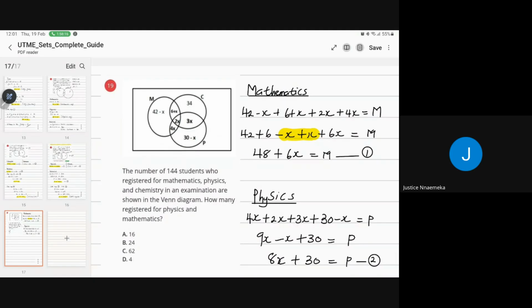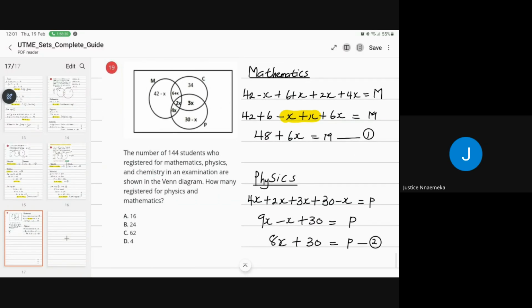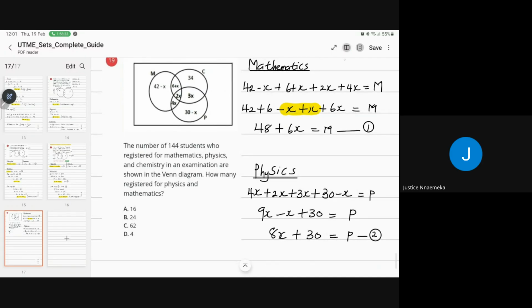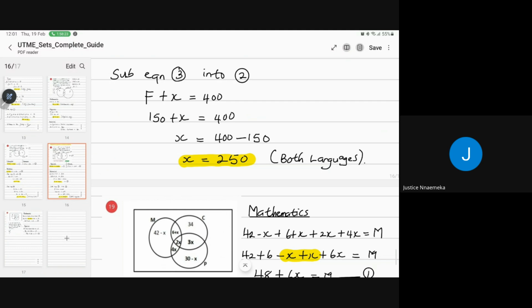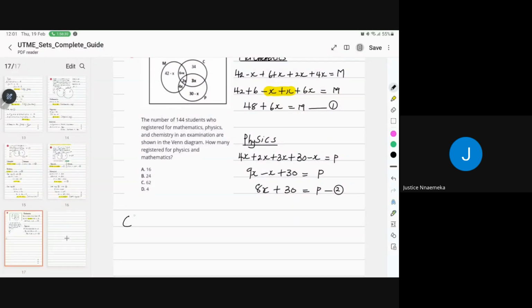Now, chemistry is 34. So we're going to make reference to the chemistry actually. Chemistry is important to us. So let me reduce this so I'll be able to see my chemistry value. So for chemistry, they gave us the value of chemistry.